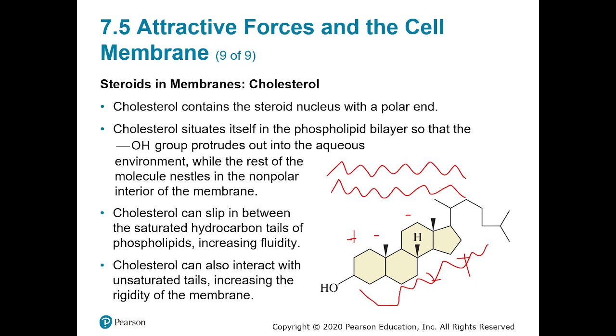And so this will actually bind better to the unsaturated tails, whereas the saturated ones, it binds worse to. Okay? And so depending on what you have the most prevalence of in that area, it will actually change your fluidity, increasing fluidity with saturated hydrocarbons, breaking them up, decreasing fluidity or increasing rigidity if you have the unsaturated ones. Is that making some sense?